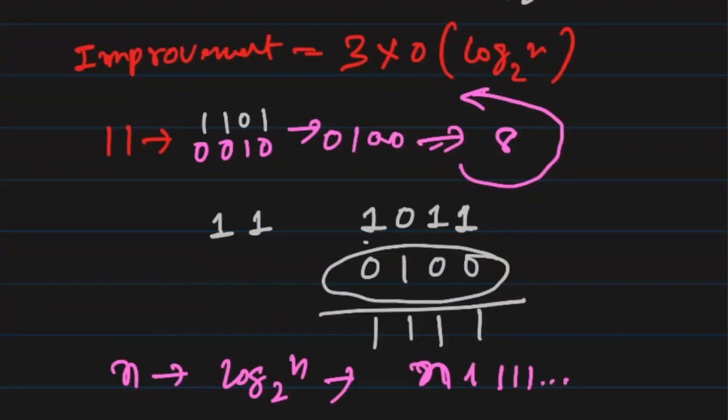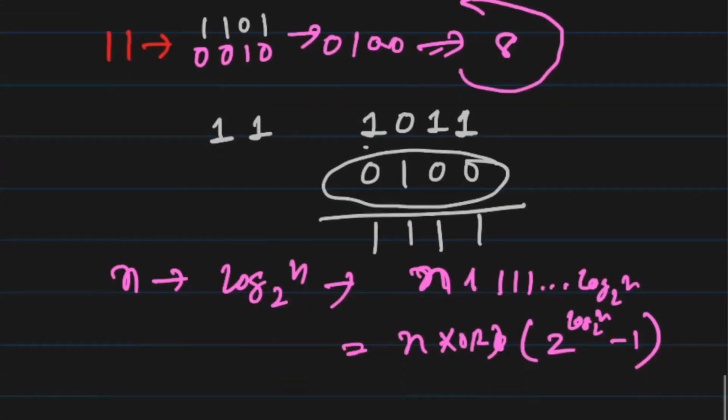It's going to be log n ones. So this number is nothing but n XOR with 2 to the power of, how many bits we are going to have, log 2n, minus 1. This is the number. And whenever you do this, you're going to get the answer.